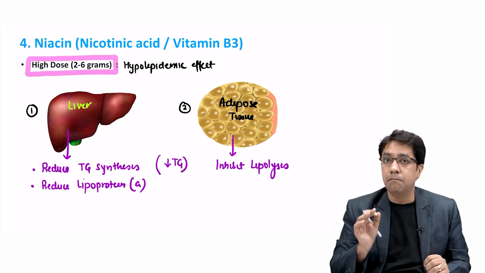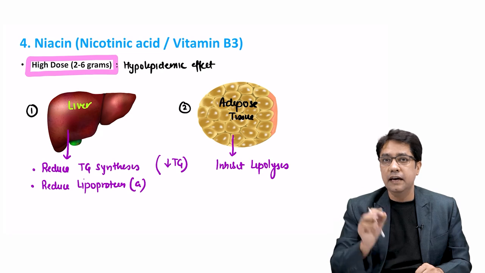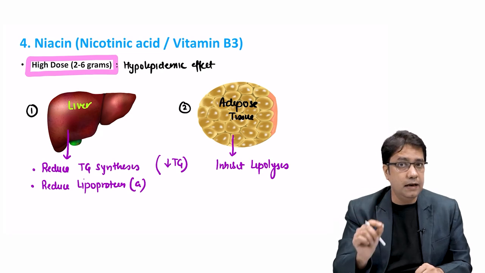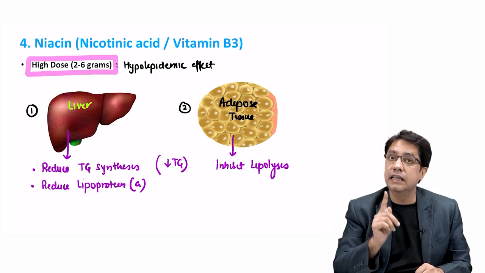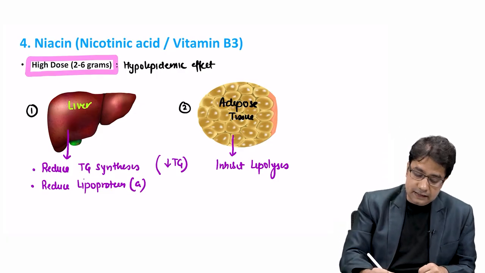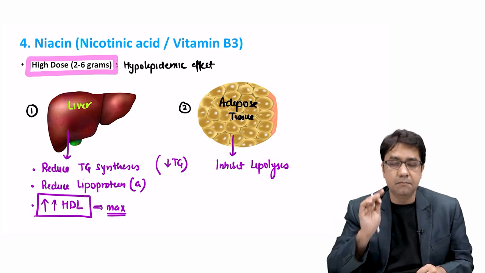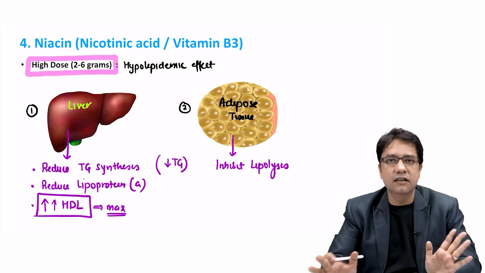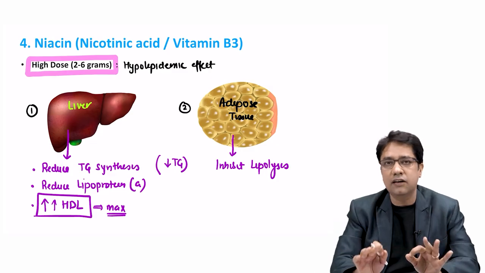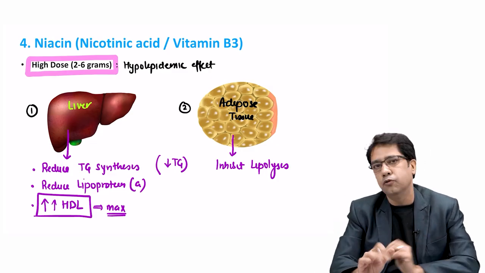Lipoprotein A is a marker of atherosclerosis, and it is reduced by which hypolipidemic drug? That is niacin. And niacin is the drug which also increases HDL levels. Among all drugs, maximum increase in HDL level is by niacin. So it has various functions. It has direct action on liver and adipose tissue.